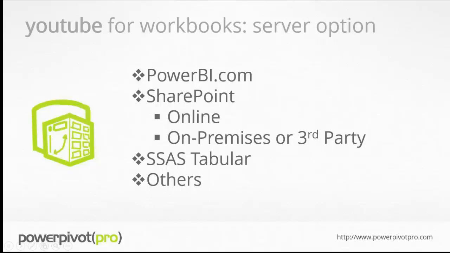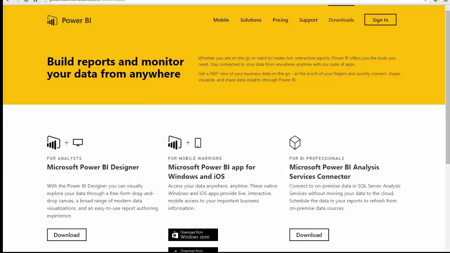Most likely you would have at least one or a few on-premises resources. For that, you need to set up a data management gateway. I can type the whole thing, but if you go on PowerBI.com, let's toggle back there, and you click on Downloads.